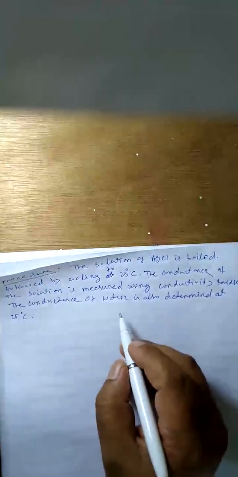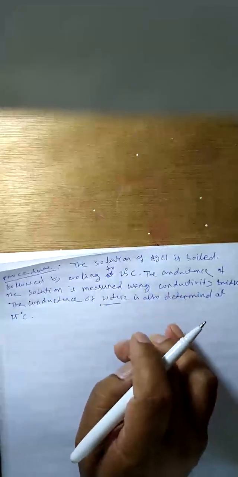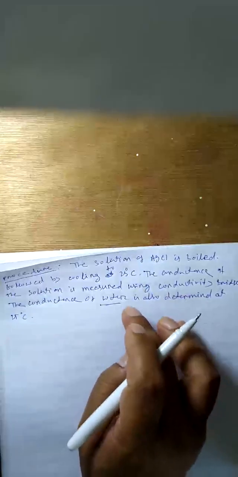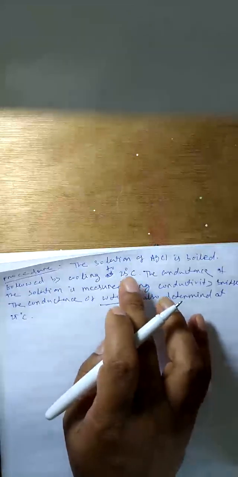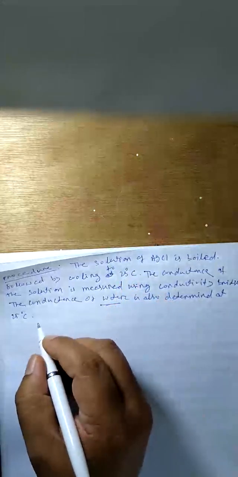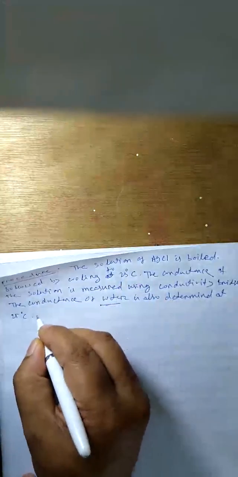Which water? The water in which the silver chloride solution is prepared. The conductance of the solution is also determined at 25 degrees centigrade. The cell constant of the conductivity cell is also determined.